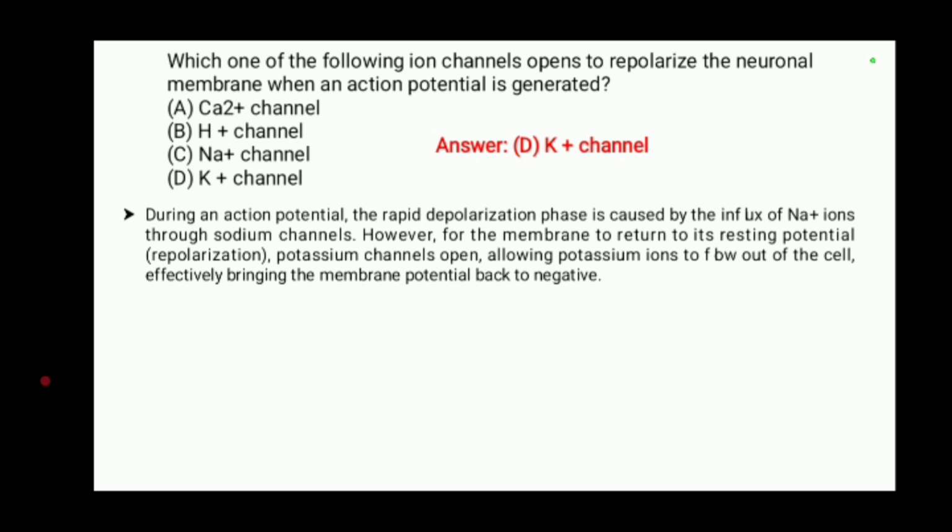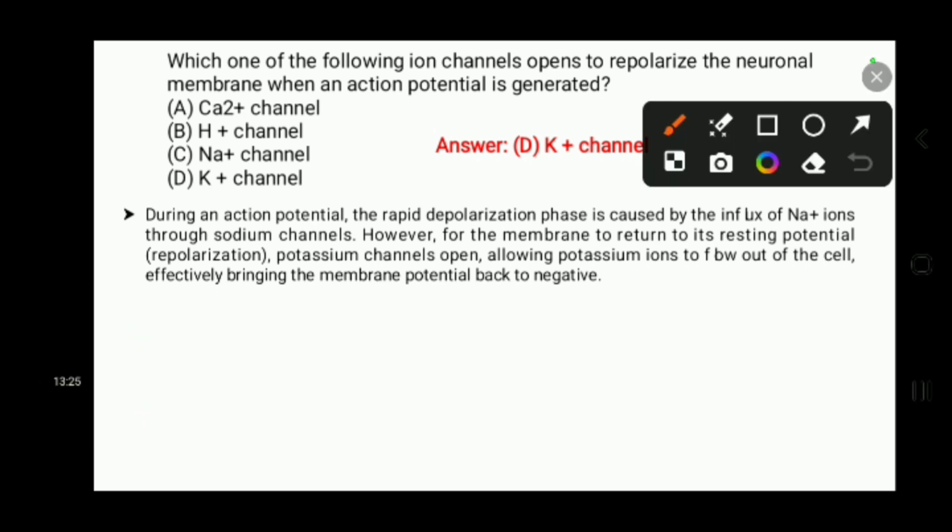During an action potential, the rapid depolarization phase is caused by the influx of sodium ions through sodium channels. However, for the membrane to return to its resting potential, that is repolarization, potassium channels open.